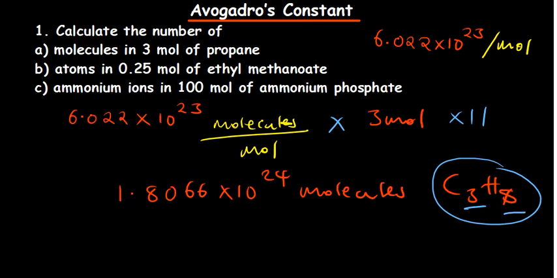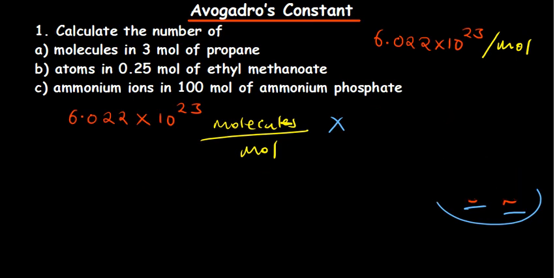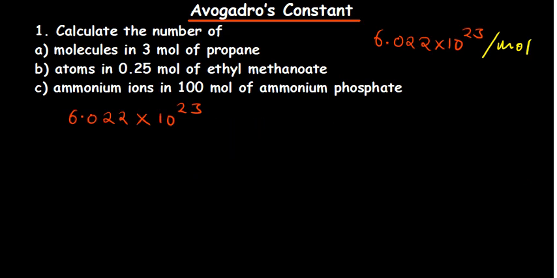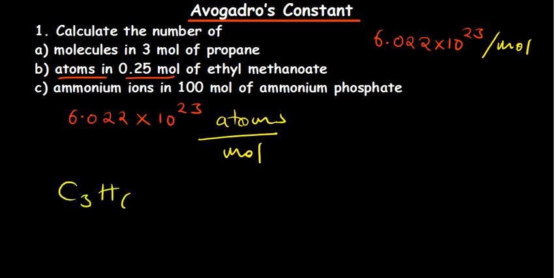Now let's look at the next question. The next question says, calculate the number of atoms in 0.25 moles of ethyl methanoate. So here we are trying to determine the number of atoms. Don't forget the unit is per mole. Ethyl methanoate, what's the formula? The formula is C3H6O2.